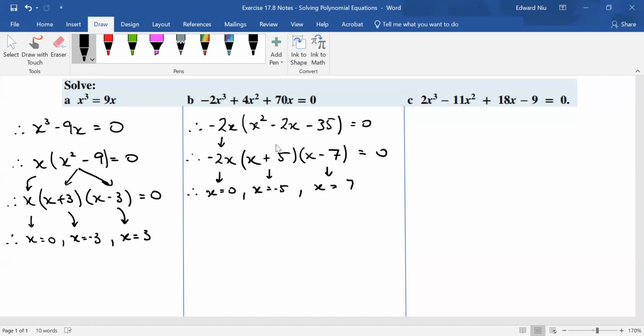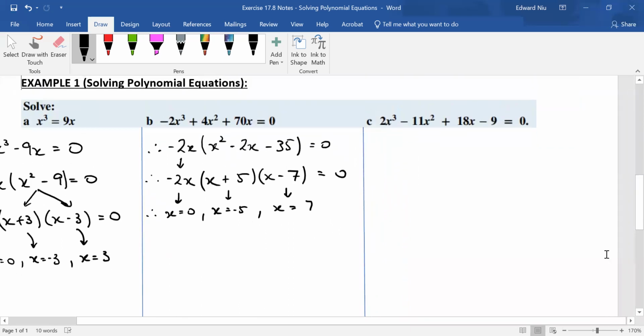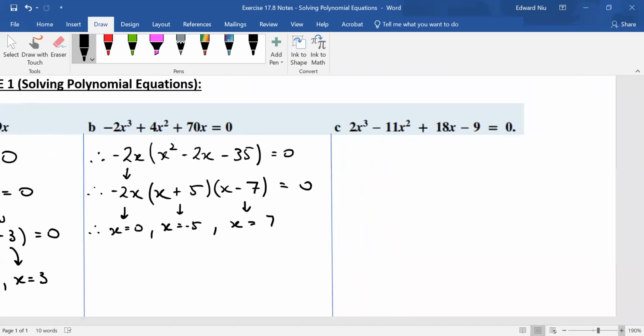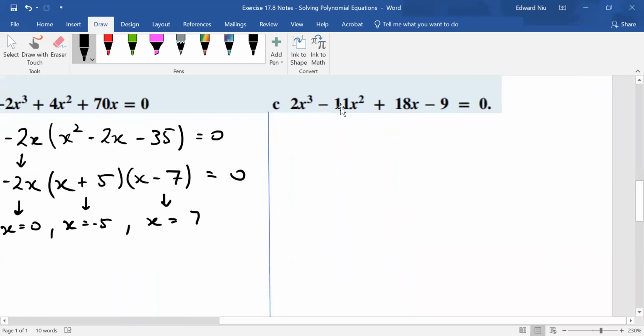Right, let's take a look at example 1c. This one here, straight away what we notice is we have a negative 11, and that's a prime number.